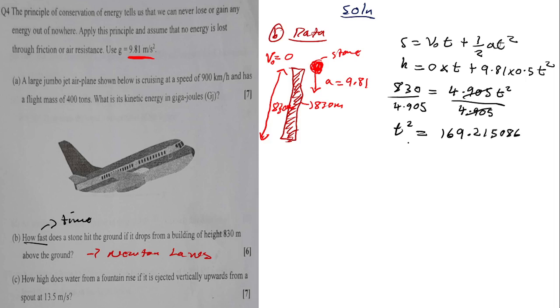So from there, you introduce a square root. Since it's distance, we'll consider the positive value.